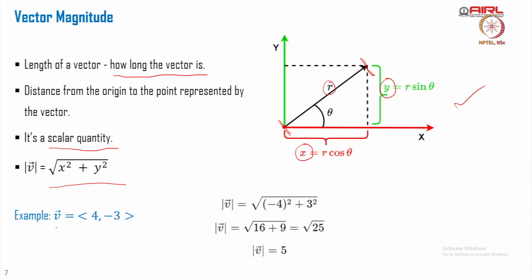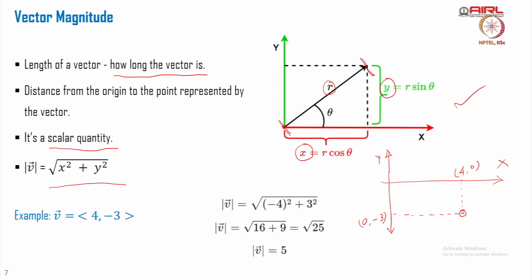One example: if the vector is represented as 4, -3, if we draw it, it should be something like this. This is the x axis, this is the y axis. So the vector 4, 3 will be somewhere here. This is minus 3, this is 4, 0.